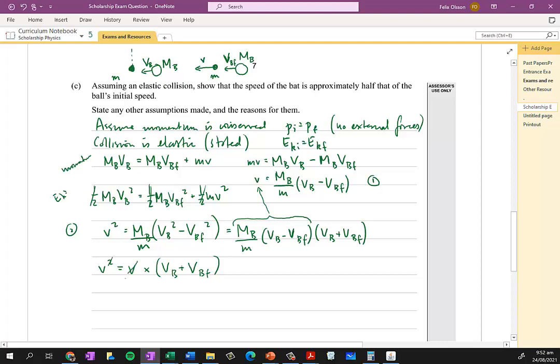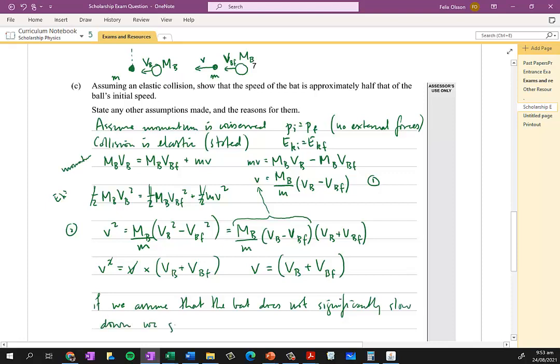Then we can cancel, so we get our final expression that the velocity of the ball is equal to the speed of the bat finally plus the speed of the bat initially. And if we assume that the bat does not significantly slow down, we get v is equal to 2 V bat. In other words, V bat is equal to 1/2 v, which is what we were trying to show.